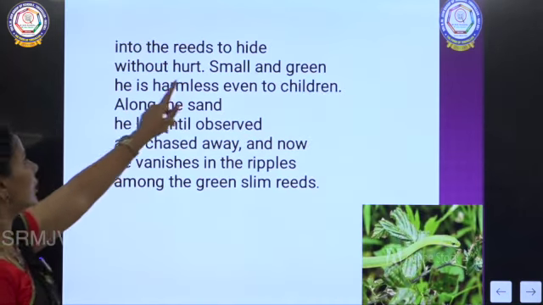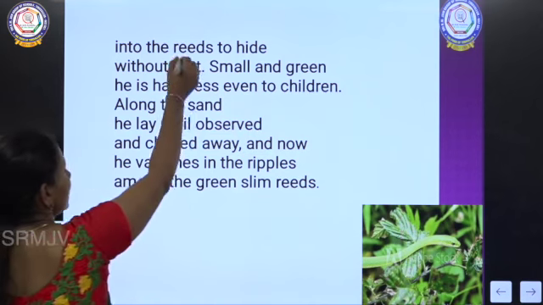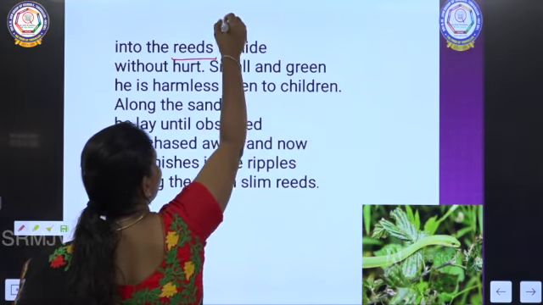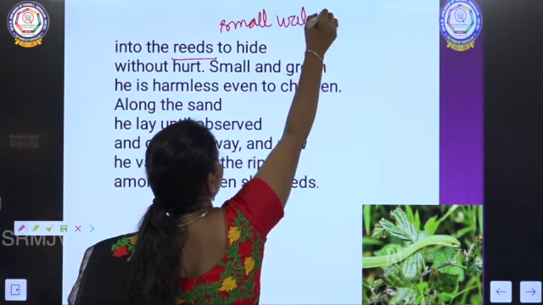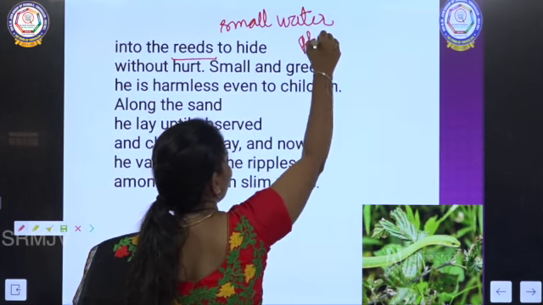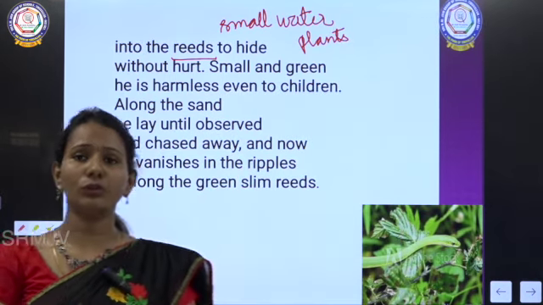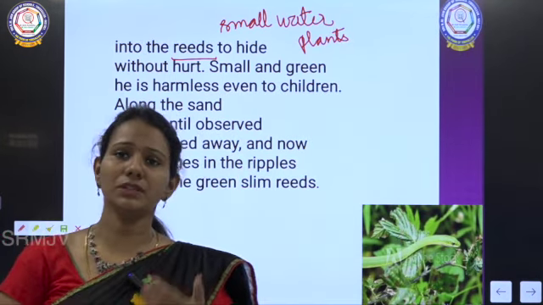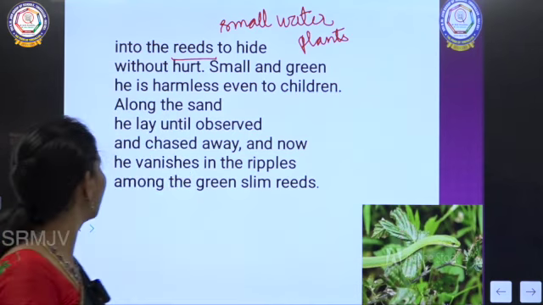Into the reeds to hide without hurt. Reeds means water plants, children. Small water plants are called reeds. So, he is asking the intruders not to attack the snake, but to allow it to go and hide itself in the reeds.